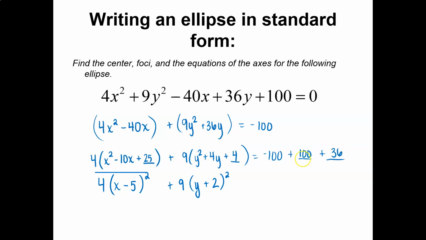And this is going to equal just 36 when we combine all 3 of those numbers. So it's similar to what we were doing yesterday, but we got this extra step of having to factor those numbers out. And that's going to happen every time because it's not an ellipse if they all have the same number. Now, what does the standard form of an ellipse always equal?